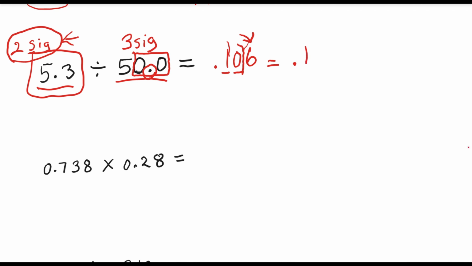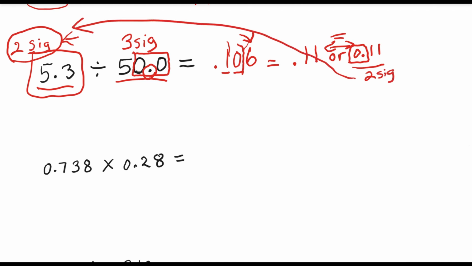Therefore, our final answer will be 11 because the 0 becomes a 1 because of the 6. So your answer is decimal 11 or 0.11. Both of these numbers are the same, the leading zeros are never significant. So even though you have three numbers here, there's only two significant figures, which is what we want.